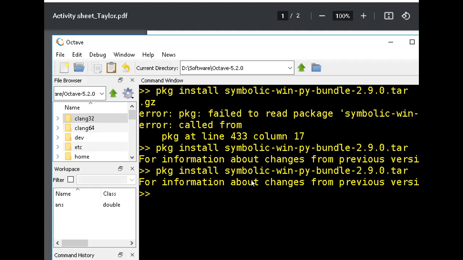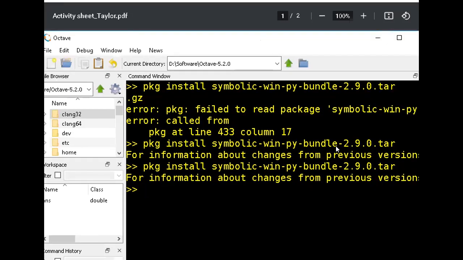So have you done that step? Excuse me, sir. Deshani, there is another method without downloading the file.